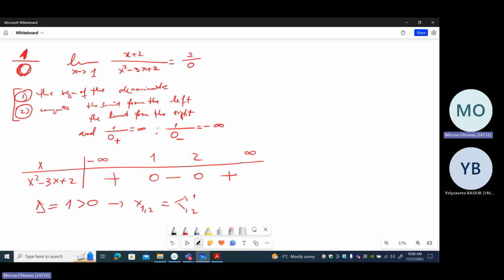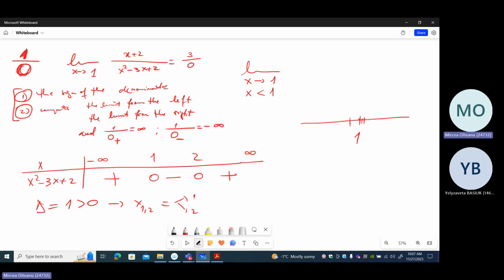Now the second step: what it means to compute the limit from the left and the limit from the right, or the so-called side limits. The limit from the left means that x tends to 1 being strictly less than 1. Generally, when x tends to 1, it means that x is closer and closer to 1, but it could be from the left, from the right, like this, then like that.